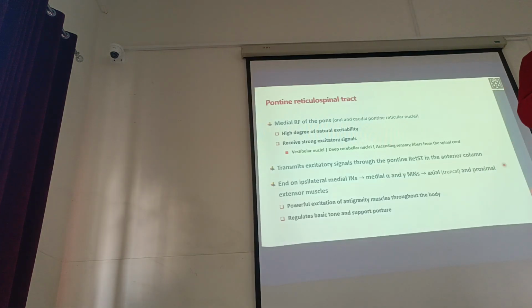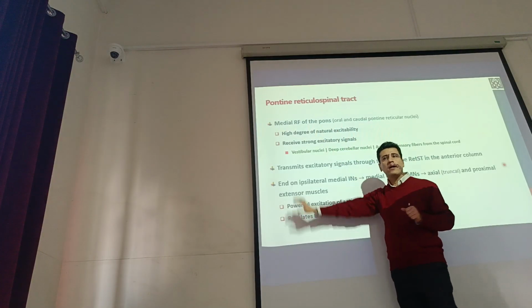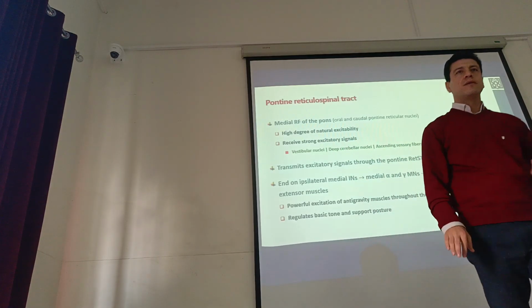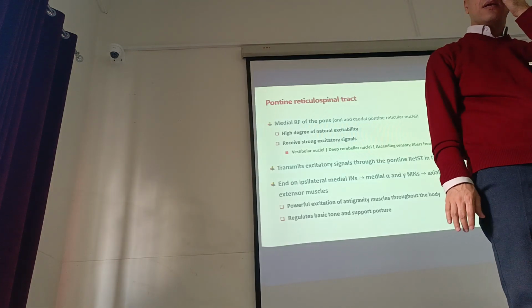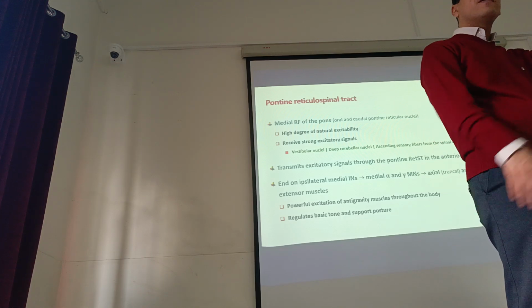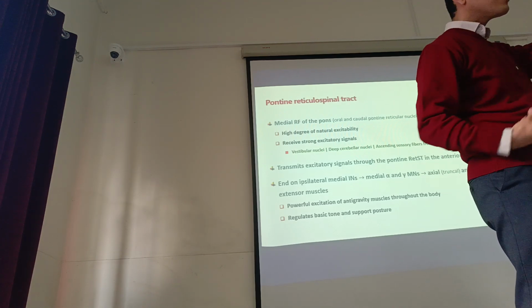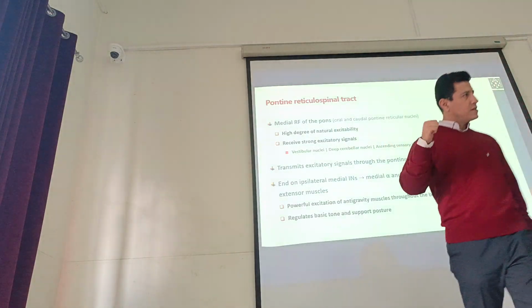So stretch reflex was involved in tone of the muscle. So this region in the pons is the same region, bulboreticular facilitatory region. So bulboreticular facilitatory region is the origin of the pontine reticulospinal tract.